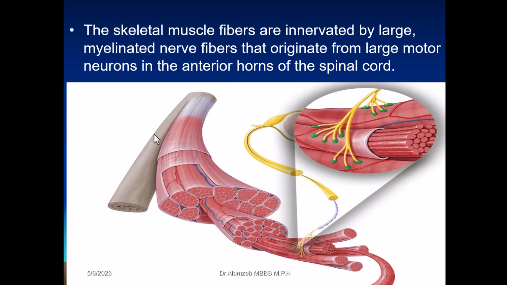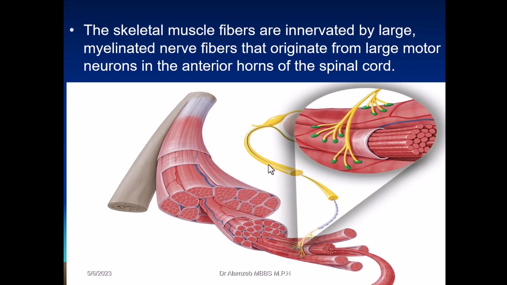The skeletal muscle fibers are innervated by a large myelinated nerve fiber that originates from a large motor nerve in the anterior horn of the spinal cord. This is a motor nerve. You can see that this is the posterior horn and this is the anterior horn, and this originates from the anterior horn.